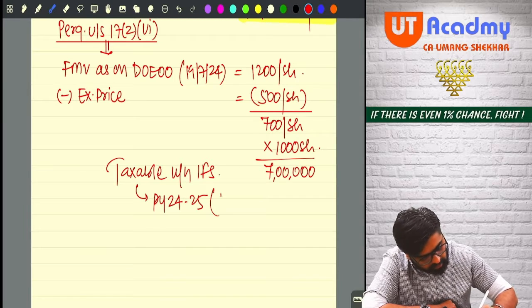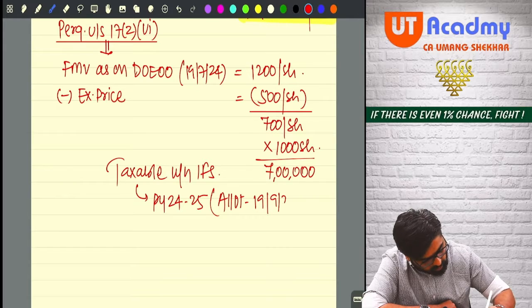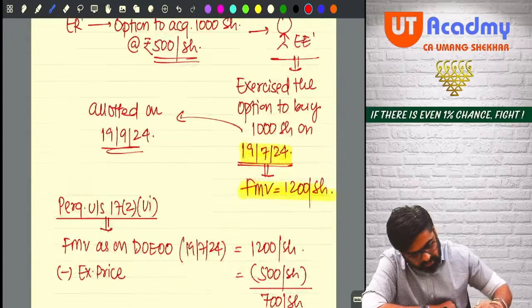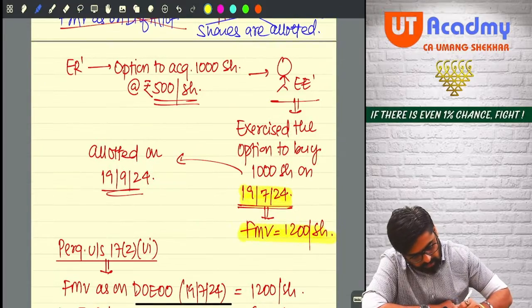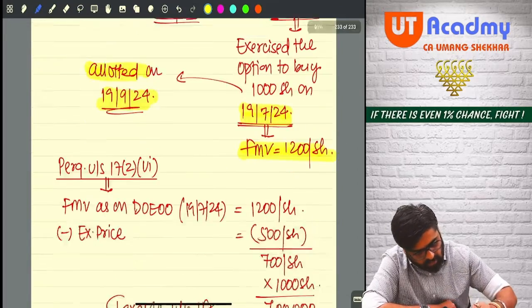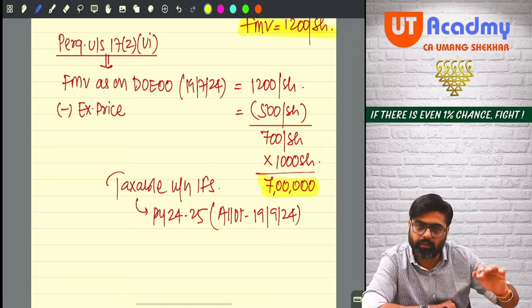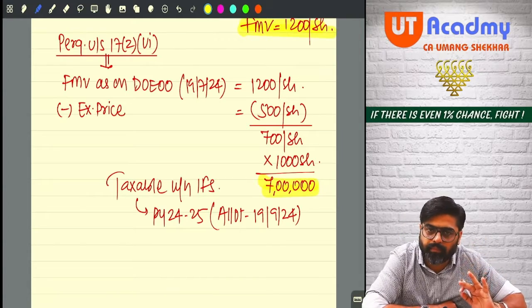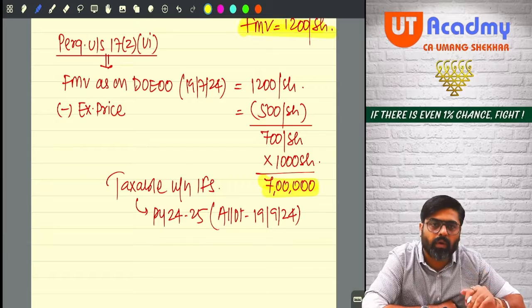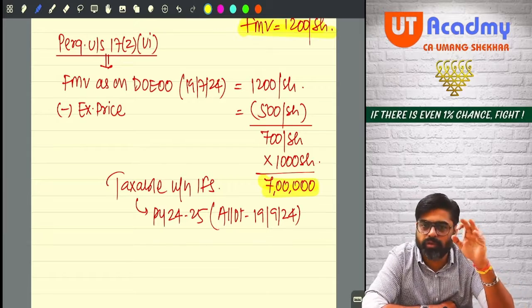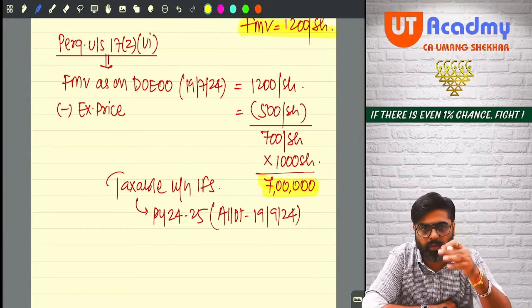Why? Because the allotment was done on 19th of September 2024. See, this is the date of allotment. The date on which it is allotted, in that previous year, this will be taxable. Done? Understood, no?